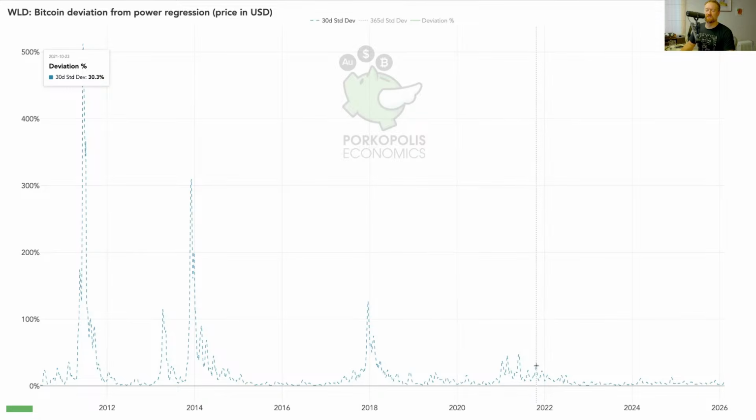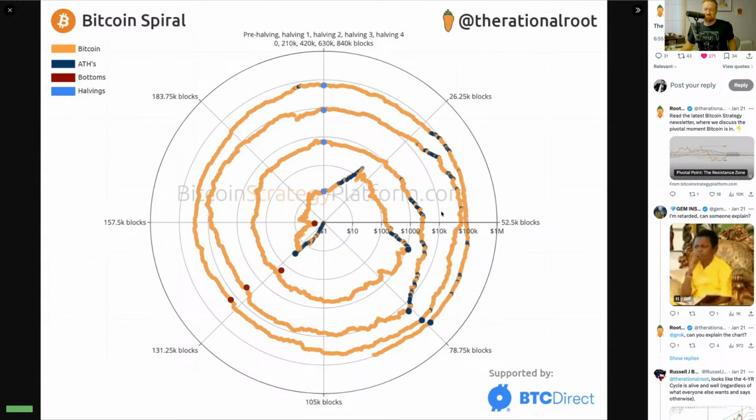Even the November actually was way lower. This was the first boom, right? Basically here. This means up or down 2/3 of the time, representation of daily moves. And it was completely muted from the introduction of ETFs till now. So it was different this time. It's just not as people were saying. So credit to the rational root for this nice spiral. Very good way to look at it.